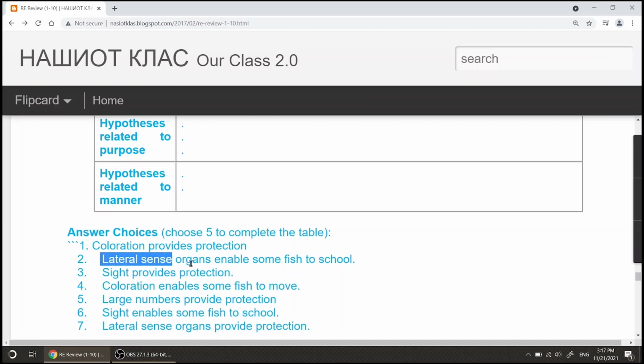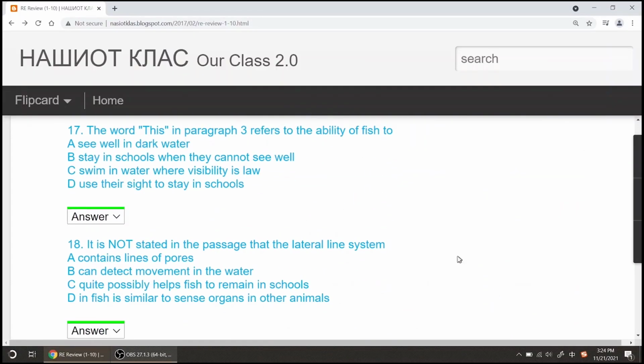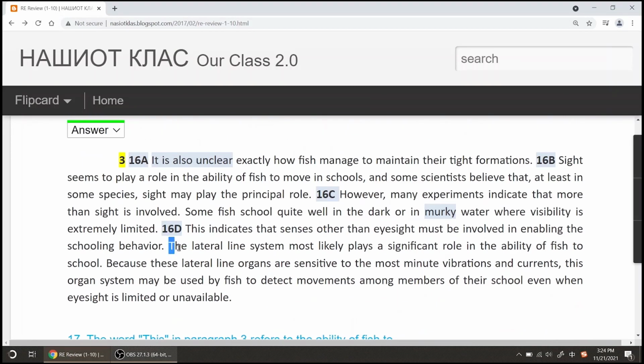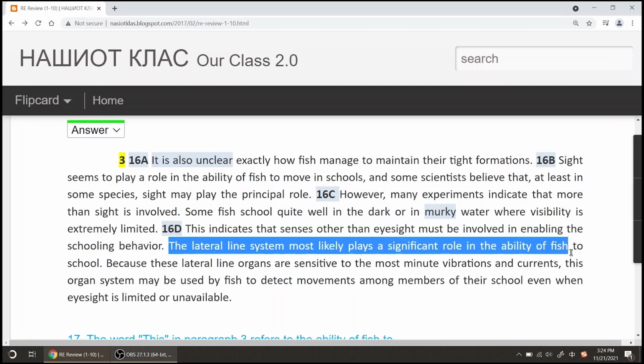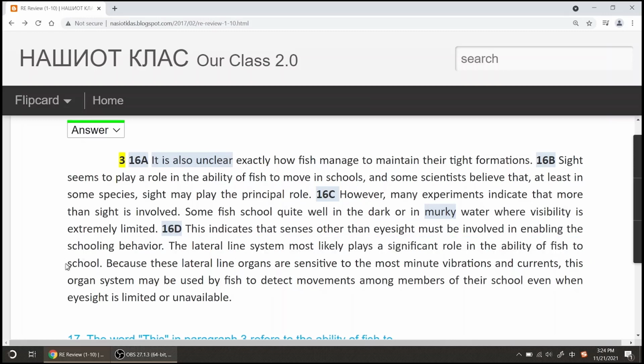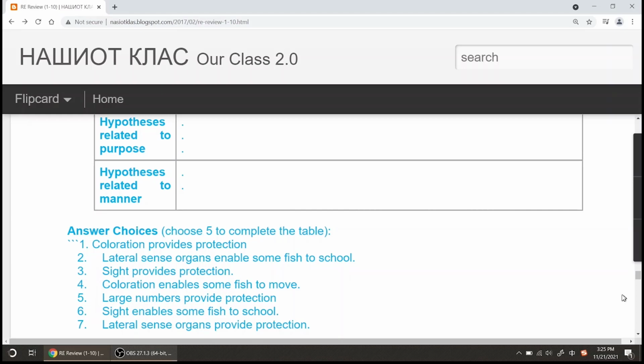Number 2, lateral sense organs enable fish to school. Just grab keywords from the sentence. If you answered question 18, there is some related information about the lateral line system. The lateral line system likely enables fish to school. So you will know number 2 is correct.